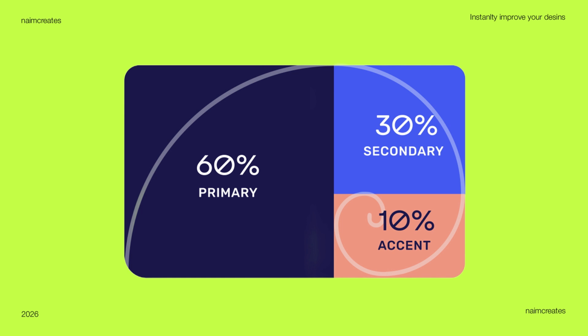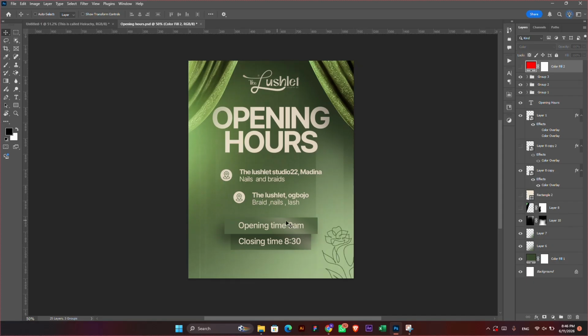In this design, you can see we have used that color to highlight the locations. That is what we want people to see, and we have been able to do that. So this is how you use colors to improve your designs. Avoid using too many colors in your designs and you would actually see how much better they become.